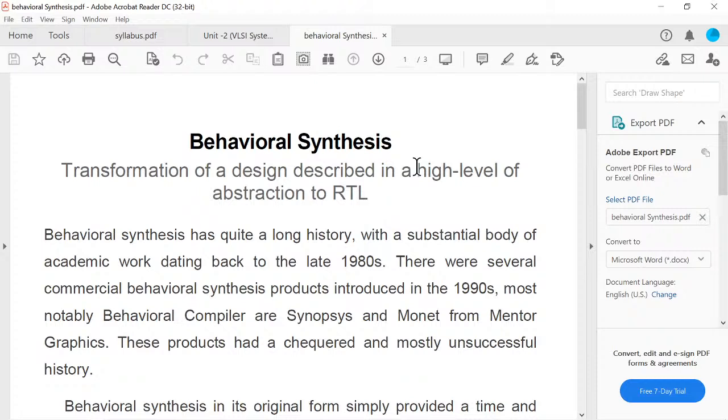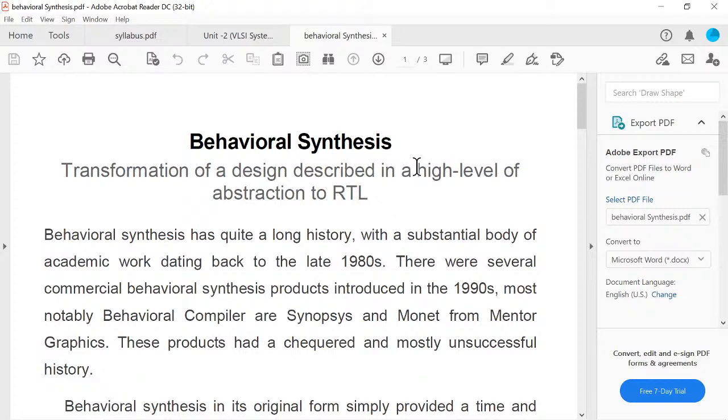When we convert a function into the form of a structure, which is a combination of various logic components and interconnections, it is known as synthesis. So conversion of function into a form of structure is known as synthesis.